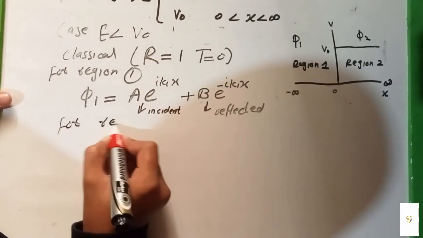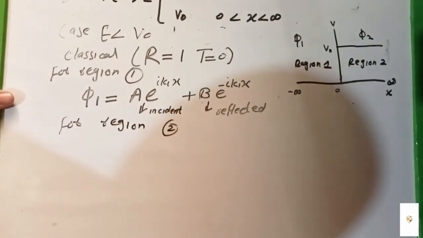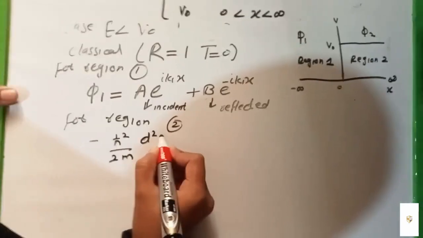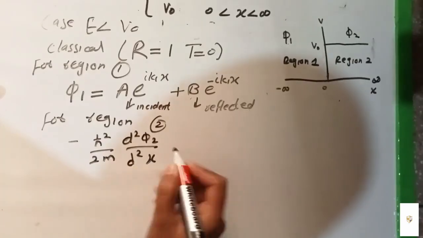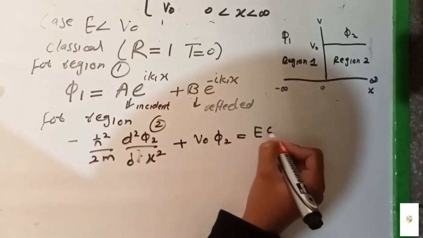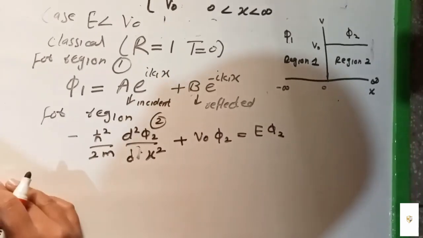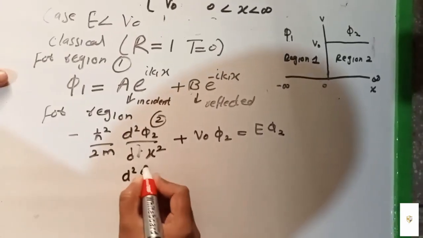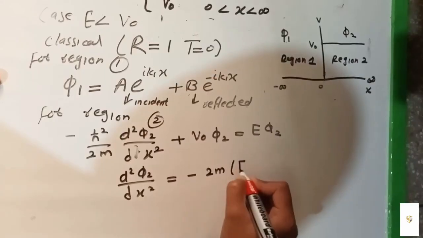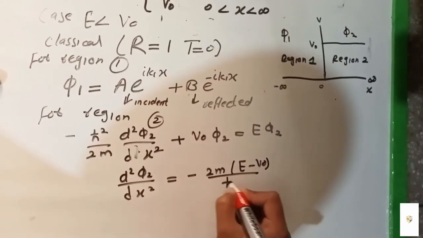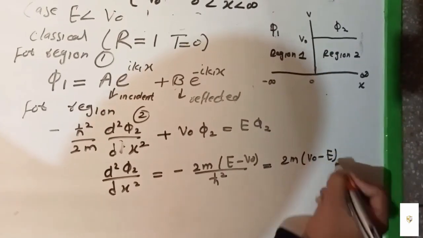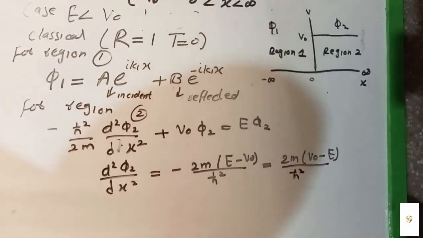For region 2, the Schrödinger wave equation is minus h cut square over 2m d square phi 2 over dx square plus V naught phi 2 is equal to E phi 2, and d square phi 2 over dx square is equal to minus 2m (E minus V naught) over h cut square, which is equal to 2m (V naught minus E) over h cut square.